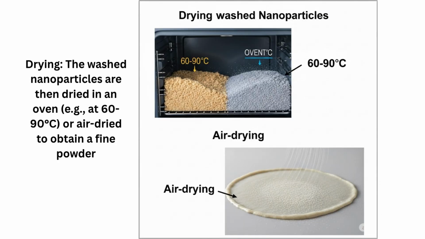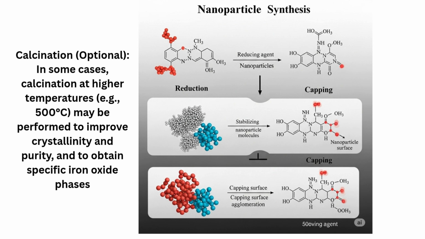Drying: the washed nanoparticles are then dried in an oven, e.g., at 60 to 90 degrees Celsius, or air-dried to obtain a fine powder. Calcination, optional: in some cases, calcination at higher temperatures, e.g., 500 degrees Celsius, may be performed to improve crystallinity and purity, and to obtain specific iron oxide phases.